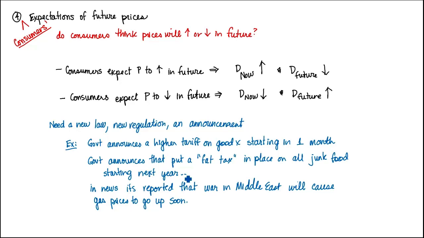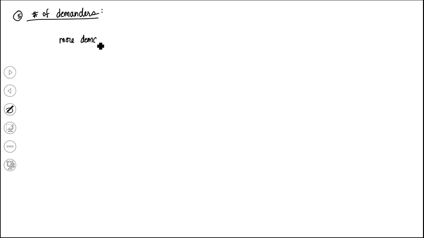All right. Number 5. Number 5 is simply number of demanders. And this is really simple. If there are more demanders, then what happens to demand, guys? It goes which way?